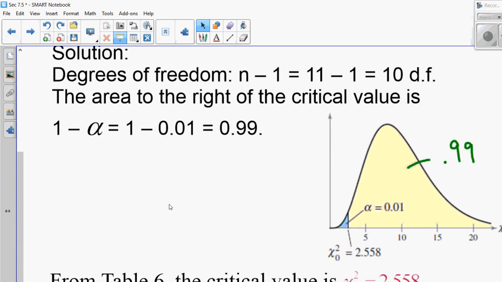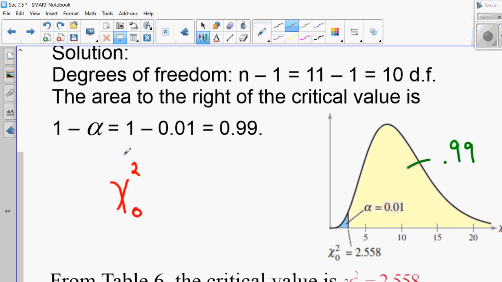When we write this, our critical point is chi-squared 0, which is 2.558. Just so we understand the notation here, this 0 is what you get from the chart, and it makes that shaded area. Let's try another one.